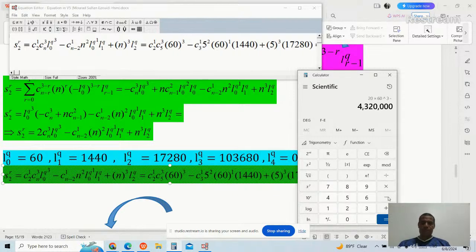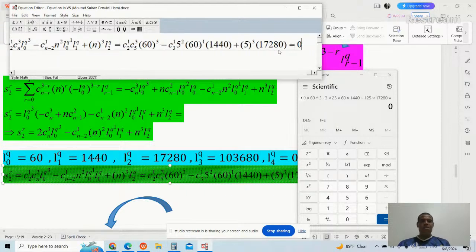Minus 3, learners, times 25 times 60 times 1440, plus 125, because 5 cubed, times 17,280. This one, learners, has to be equal to 0. Therefore, this one comes here. I will see that the value of this is 0.